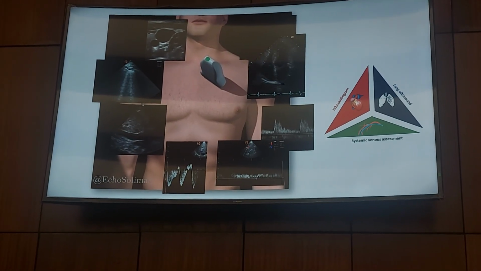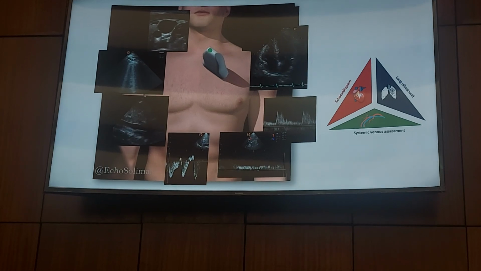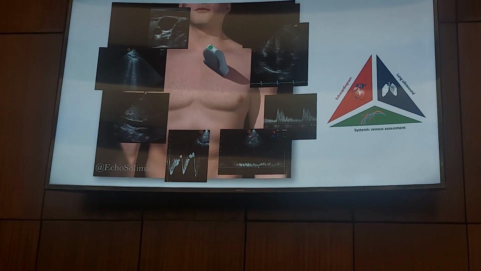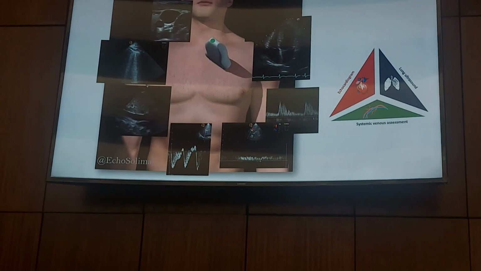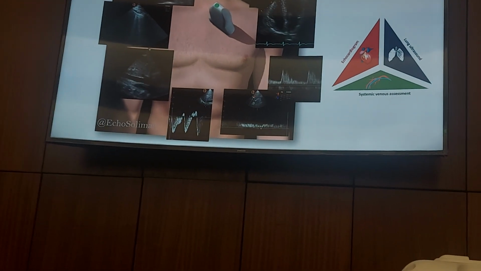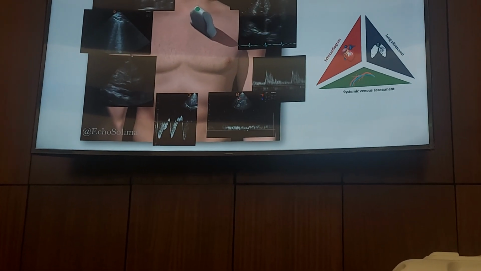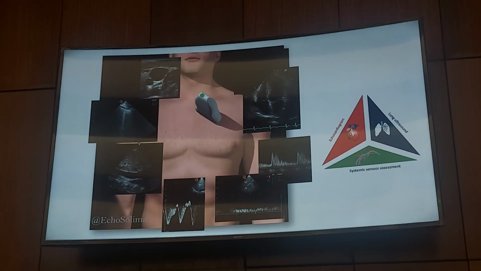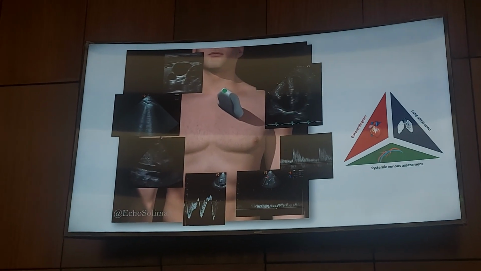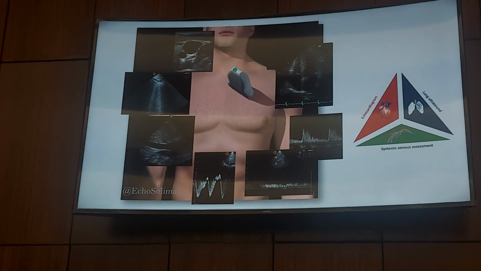What can differentiate vasoplegia from hypovolemia is the end diastolic volume of the left ventricle. If you have a hypovolemic patient, the end diastolic volume will be small, so the heart will be empty. But if you have vasoplegia, you will have preserved end diastolic volume, more likely with a hypercontractile cavity.